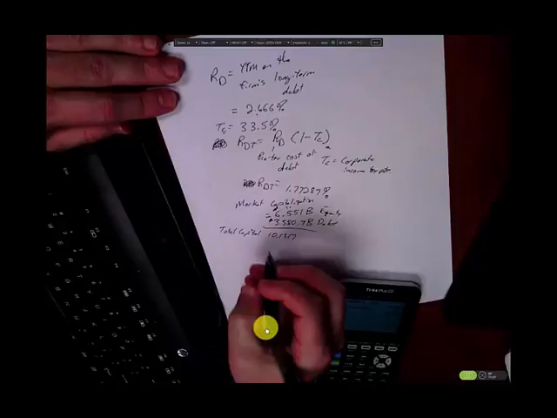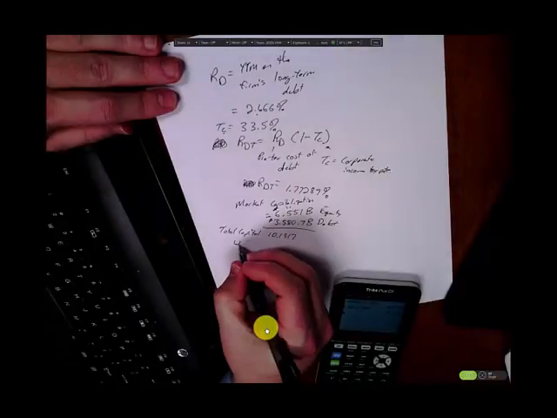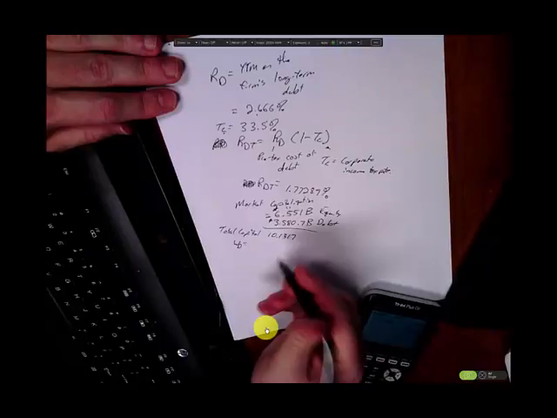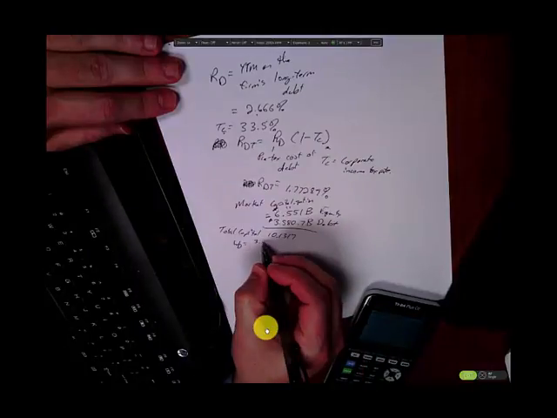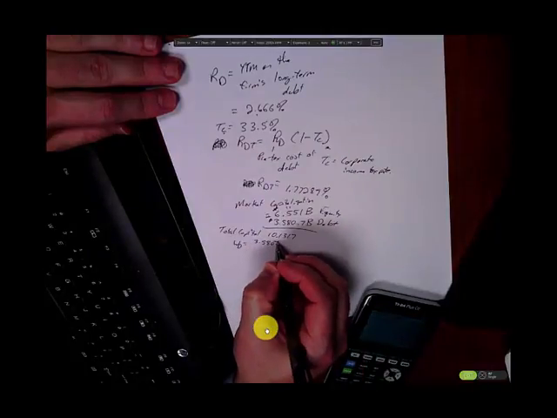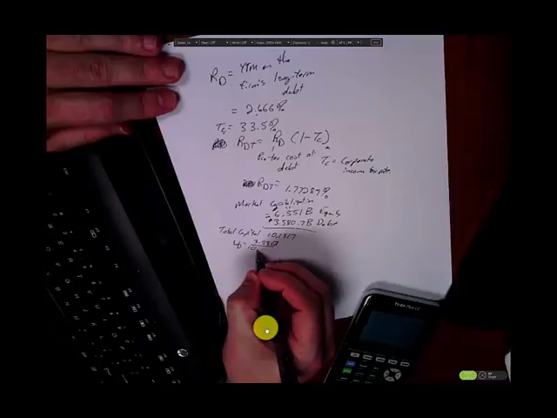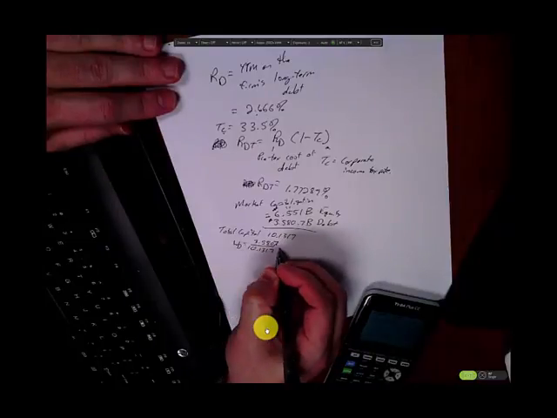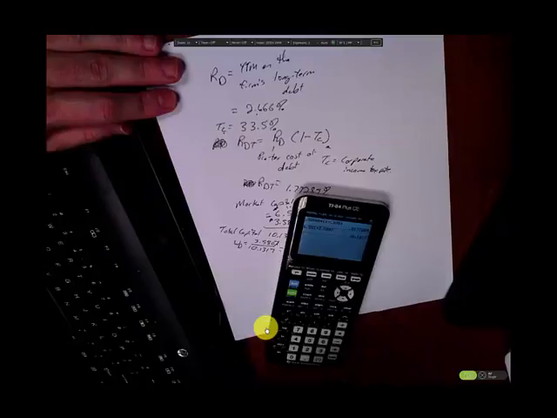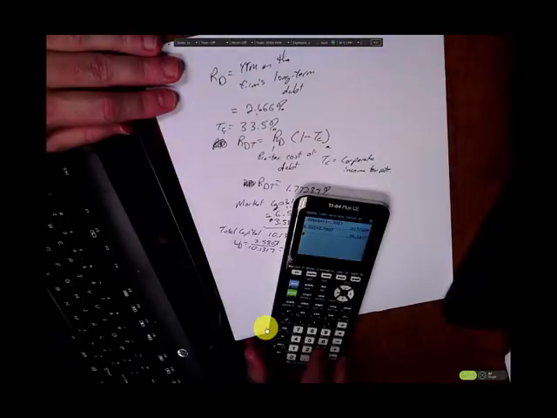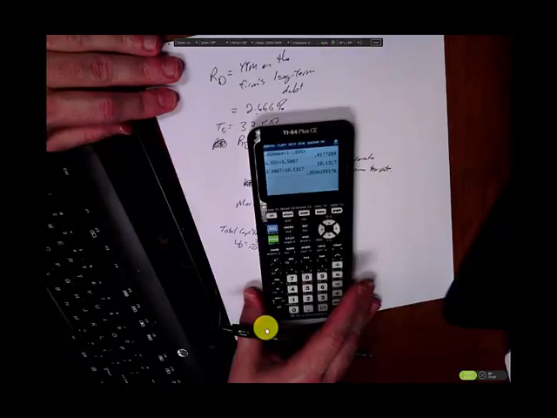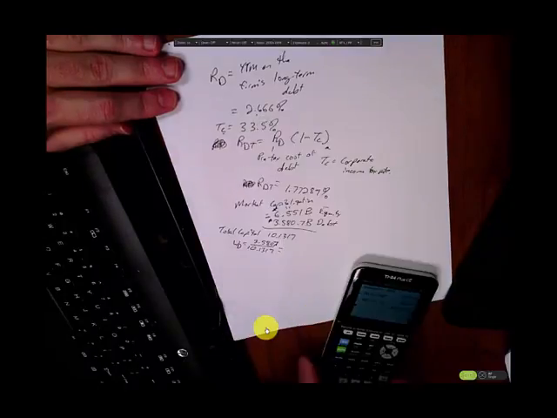So now I calculate my weight of debt, which is equal to my amount of debt, 3.5807 divided by 10.1317, gives me a weight of debt of 35.34% or 0.3534.